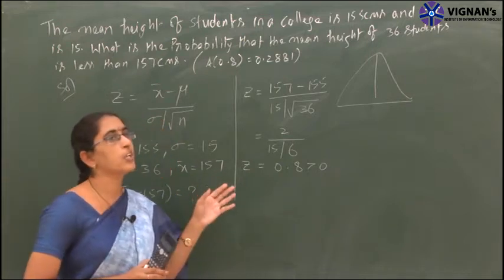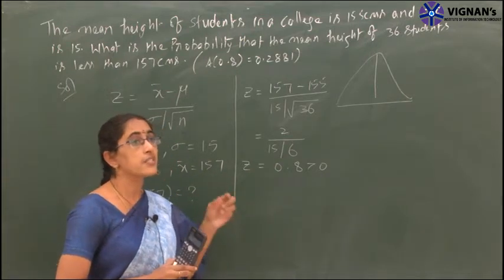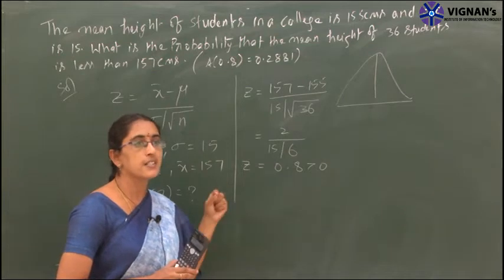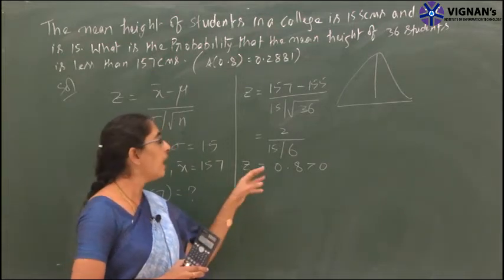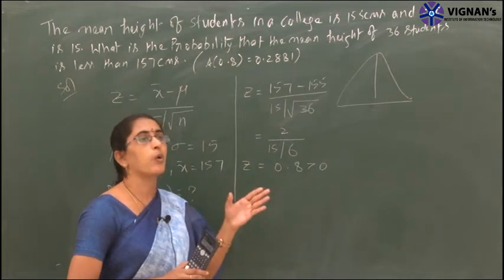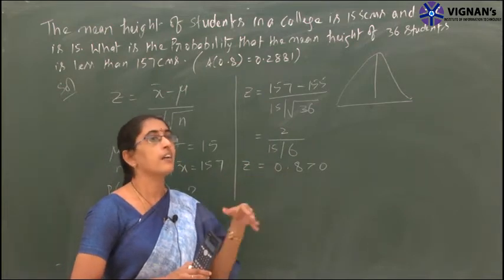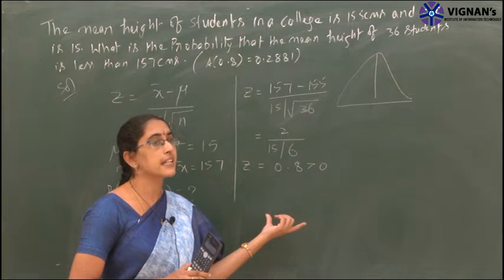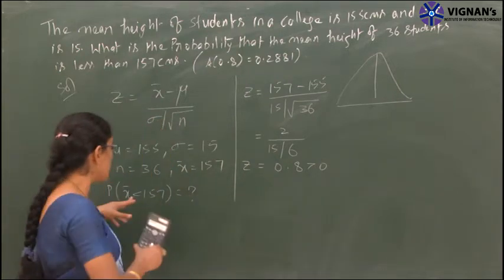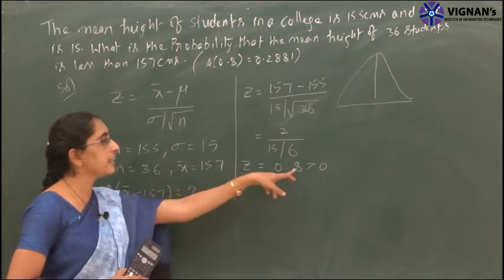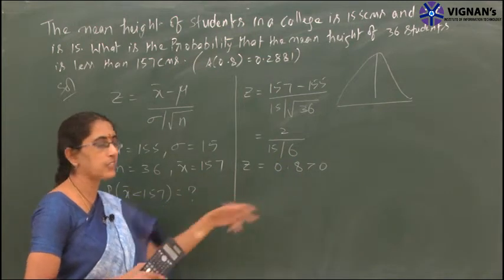To find probability of x less than something, if z is less than 0, it is 0.5 minus A of z1, area value of z1. And if we are finding probability of x less than something and the z value is greater than 0, then it is 0.5 plus A of z1 here. So here also we are finding less than and z value is getting as positive here.